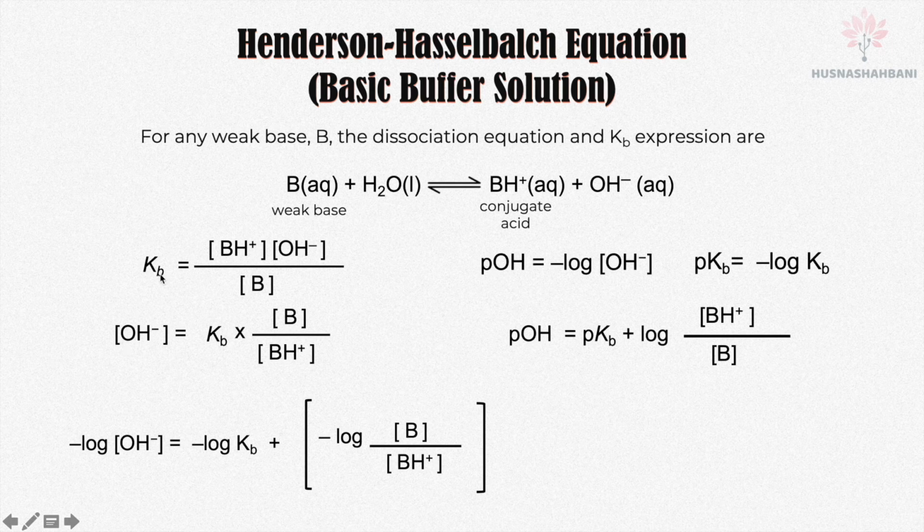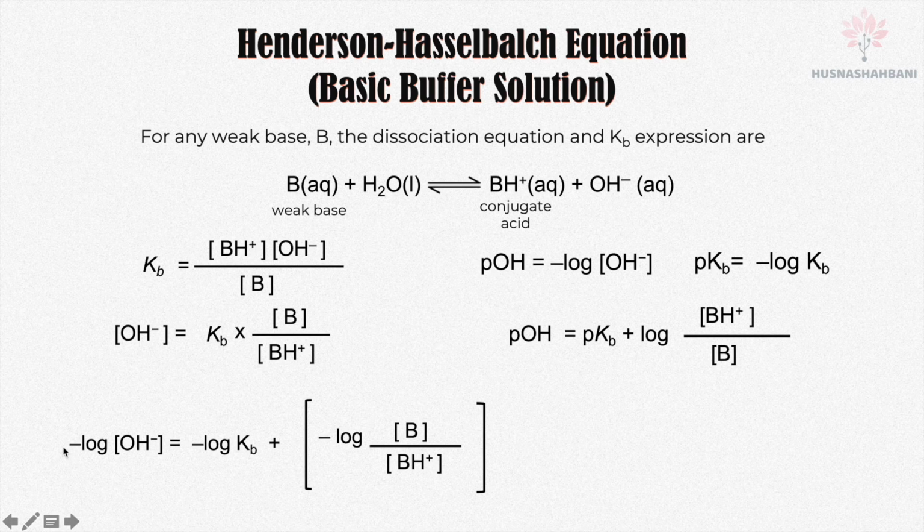You rearrange this equation to make the OH minus concentration the subject, equal to Kb times the concentration of the weak base over the concentration of the conjugate acid. You put negative log on all: negative log OH minus equals negative log Kb plus negative log B over BH plus.